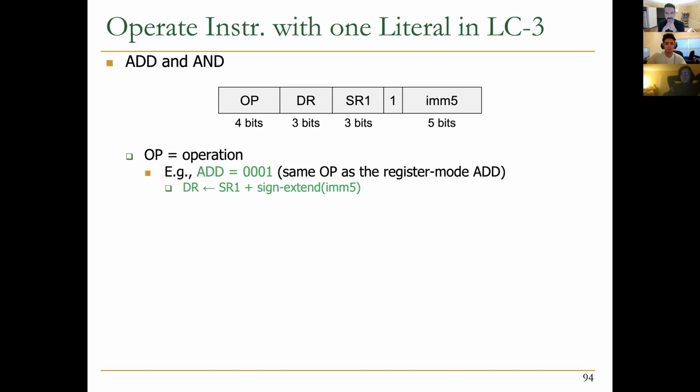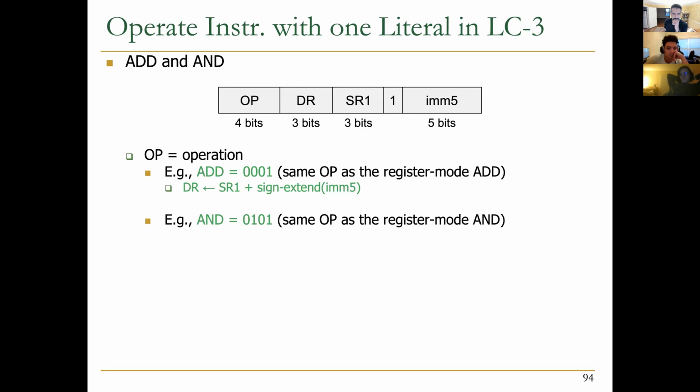So that's how sign extension works. You sign extend the immediate to make it 16 bits, and then once you add it to SR1, the machine puts this add result into the destination register. The encoding is similar for AND, but you do the and between these two numbers.